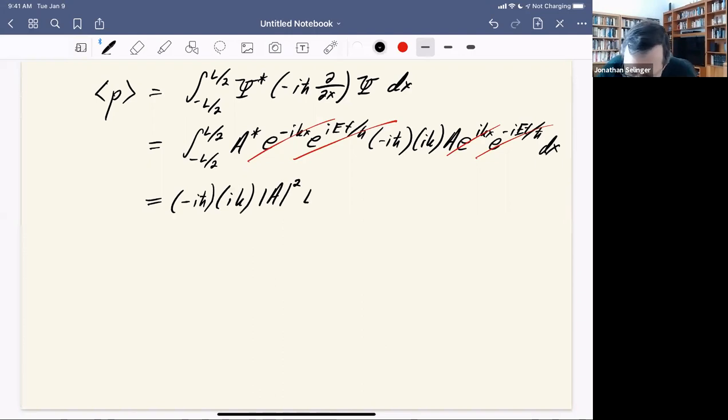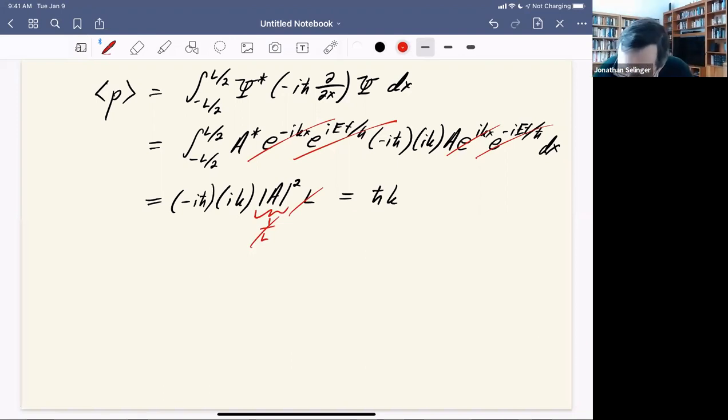So that just gives a factor of L. So this is all equal to h bar k. And the magnitude of a squared is 1 over L, and this cancels that L. So it's just h bar k. That's it.